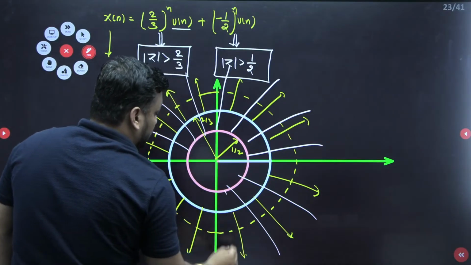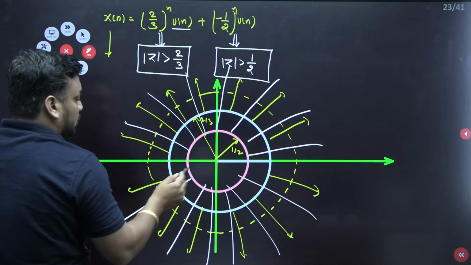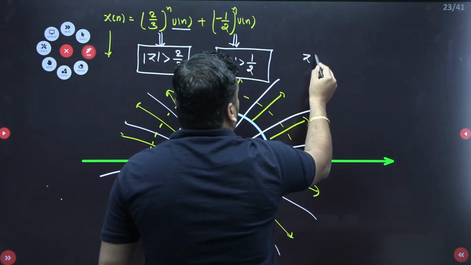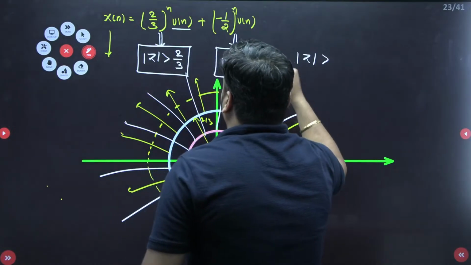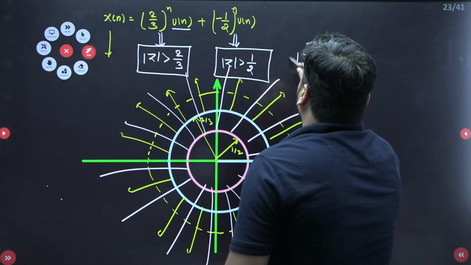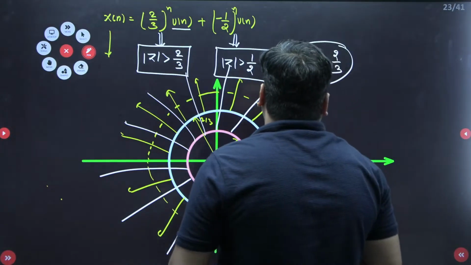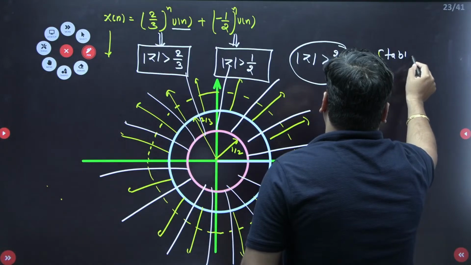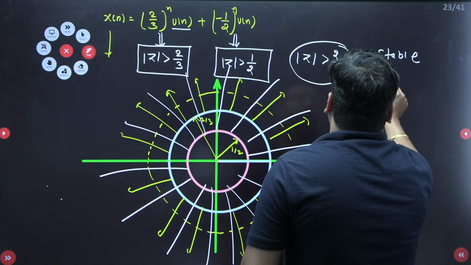What is the common ROC? Both are right sided, so the common ROC must be outside the outermost circle. So mode of Z is greater than 2/3. 2/3 means 0.66. So it is 100% stable also, and causal also.